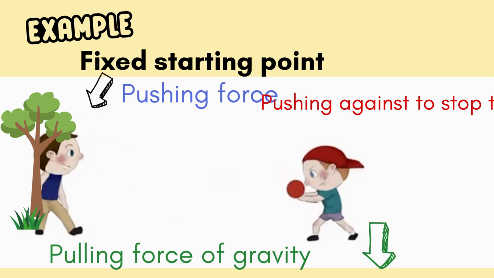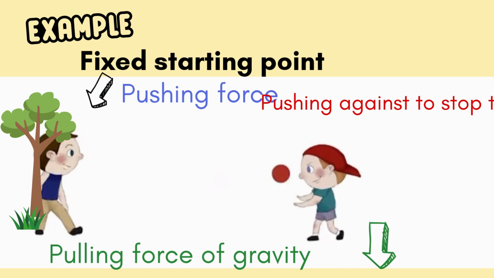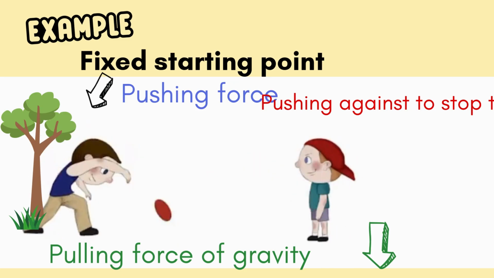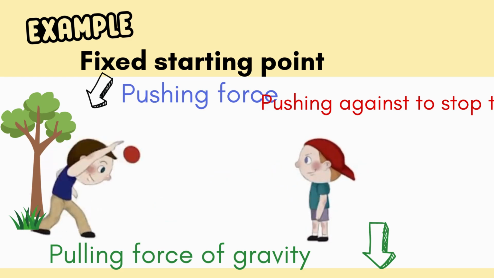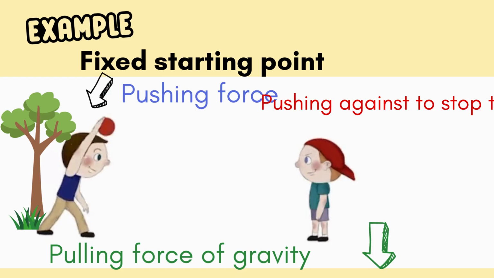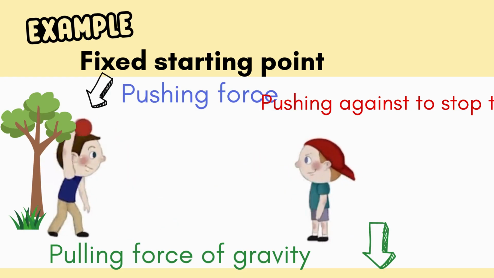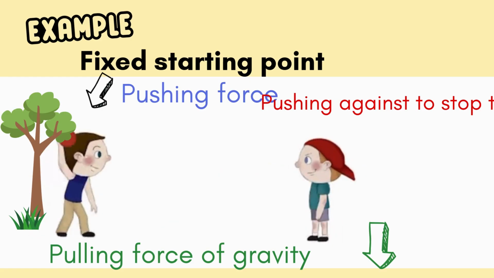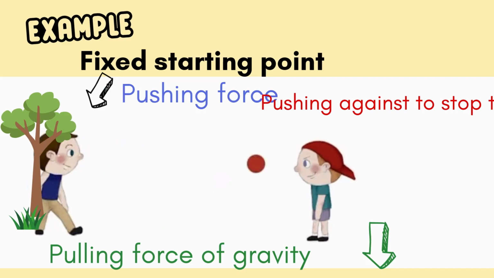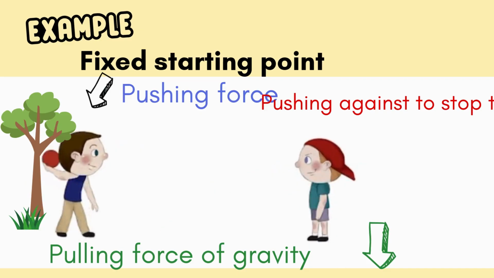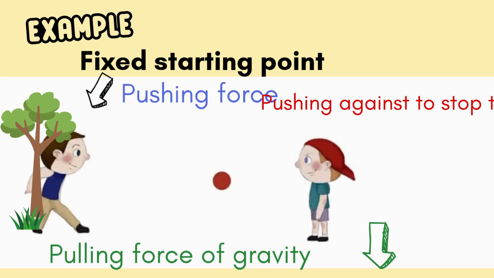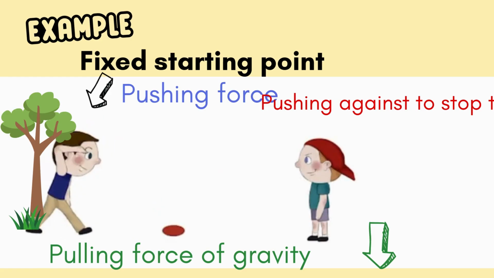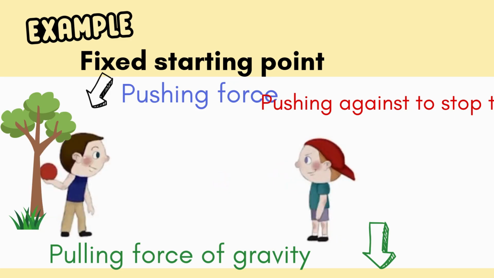And here we have an example. These two boys are playing with this ball, and there is a fixed starting point like this tree. As this boy throws the ball, he applies a pushing force to this ball, so it moves toward the second boy, and we observed that the ball falls onto the ground, and we will know why.